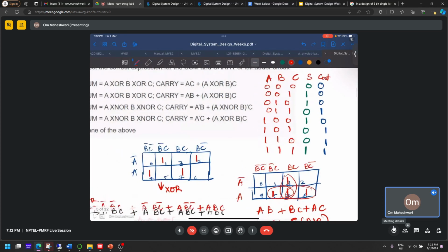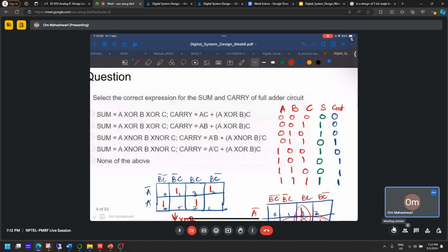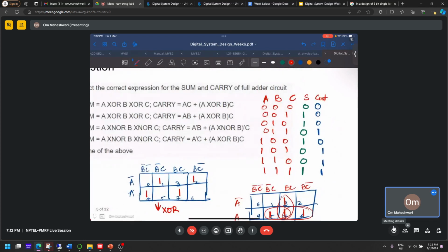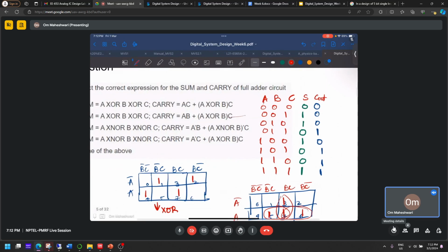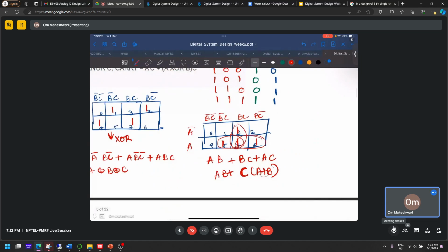Okay, so if you see, none of these options has exactly this, but we have something similar, except it is XOR and we have a plus here. So let us examine this. Let's look at OR and XOR.